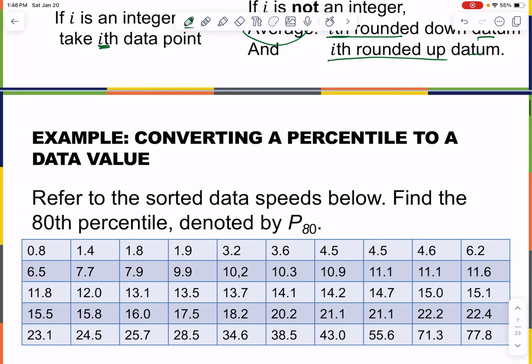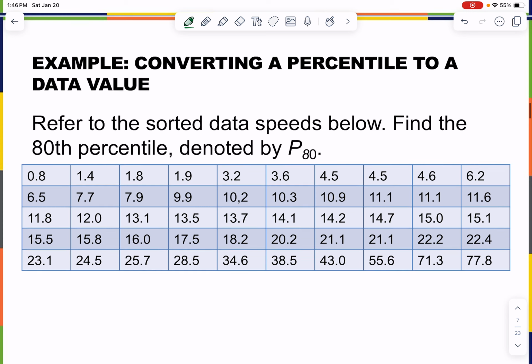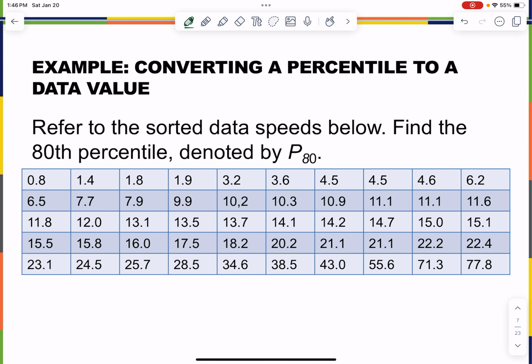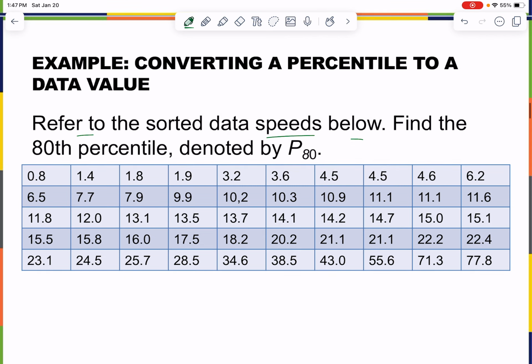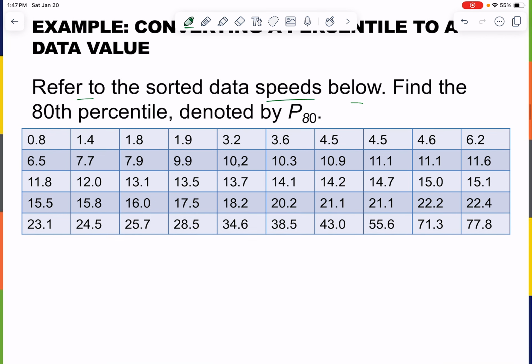Okay, let's see what that looks like. Example, converting a percentile to a data value. Refer to the sorted data speeds. These are the speeds that people found in the Verizon data speeds in a particular airport. Find the 80th percentile denoted by P80.